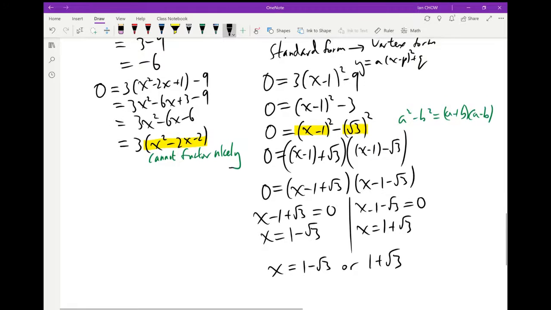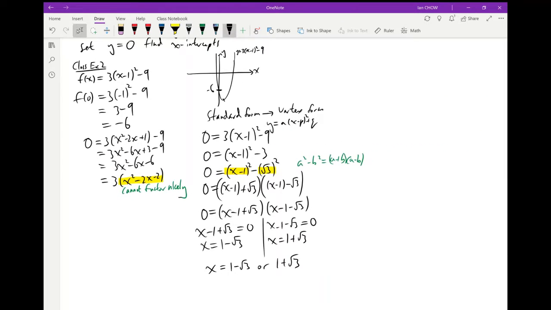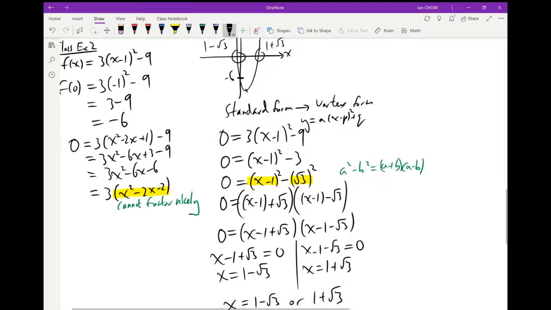So if we go back to our diagram over here, this is going to be 1 minus root 3, and this will be 1 plus root 3 over there. I know it's a little bit confusing, so let me quickly go back over here.